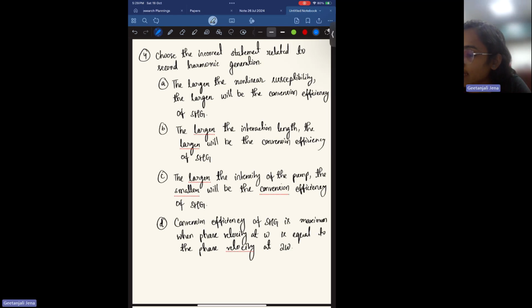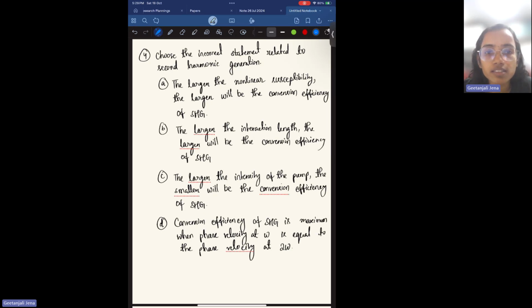So the question says, choose the incorrect statement related to second harmonic generation. We have seen second harmonic generation and its condition requirements. And the question is asking which one of these options is the incorrect statement.